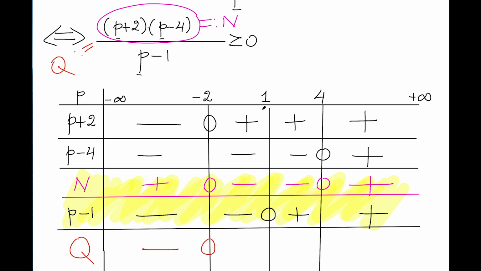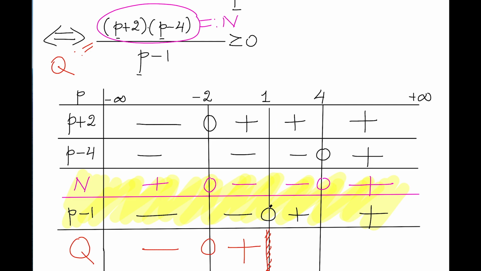Between minus 2 and 1, upstairs is minus, downstairs is minus, quotient is plus, because minus divided by minus is plus. When p is 1, downstairs is 0 and upstairs is not 0. So the quotient q becomes non-zero divided by 0, which is an error. You can write whatever you want; I'm going to denote this by having this bar here to indicate to myself that this is an error if I get to this number 1.